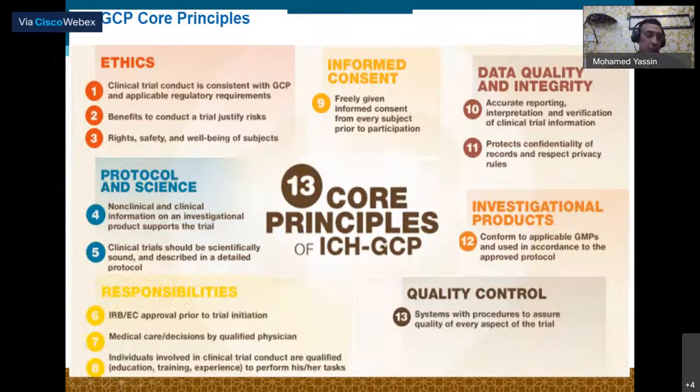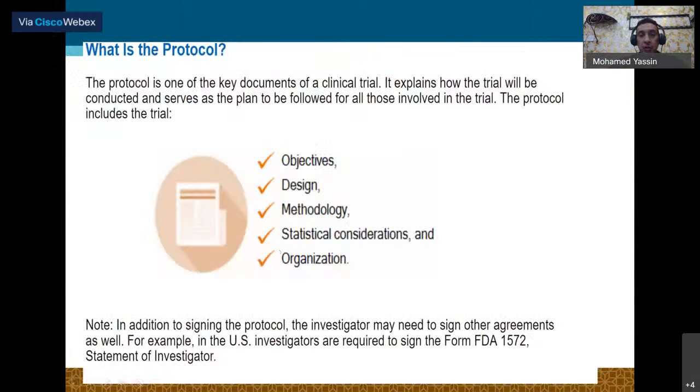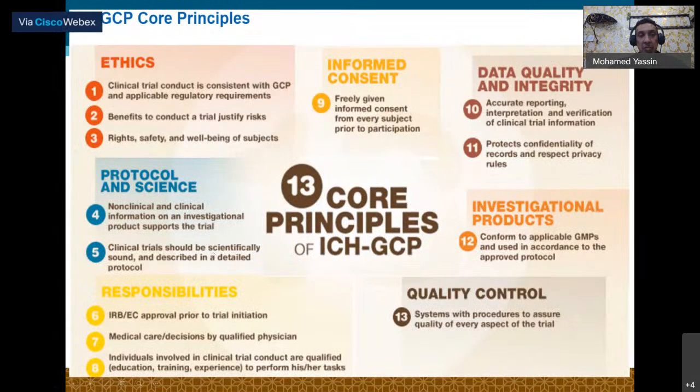Classically, GCP is described as having 13 core principles. And these are the 13 core principles. I will not go through them because of the time. You can just look at it. It's ethics, and in ethics, clinical trial conduct is consistent with GCP and applicable regulatory requirements. You cannot do clinical trials without going through a governance system.